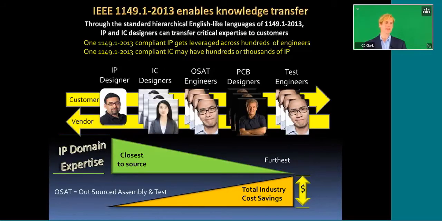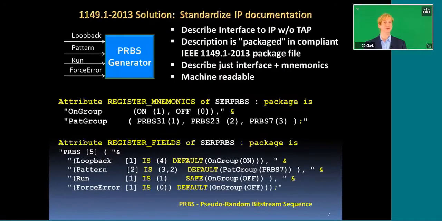And what it's all based on is really enabling knowledge transfer. So we have the IP designer who knows the most about his IP. He has the most IP domain expertise. And he can now describe at 1149.1 how to operate his IP and pass that information on to his customers, which are the IC designers, and then they can pass it on to the rest of the community, like board designers and test engineers.